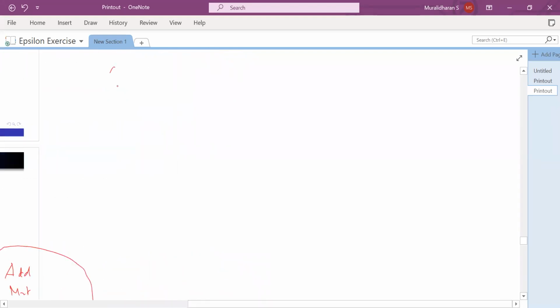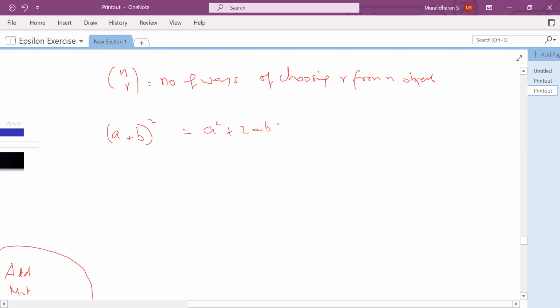We saw this NCR. What is this NCR? The number of ways of choosing r from n objects. This is what it is, right? And most of you would have learned what a plus b whole square is: a square plus 2ab plus b square.